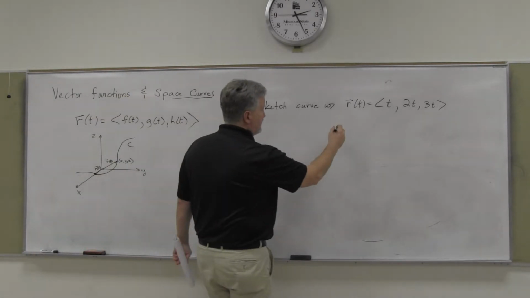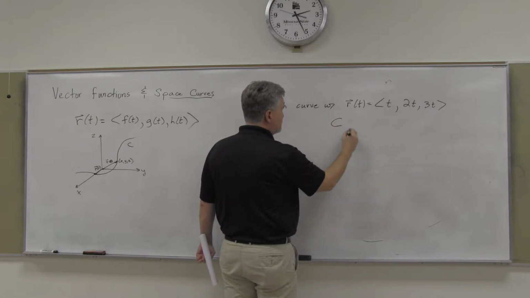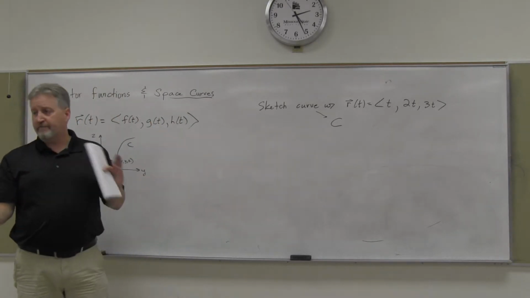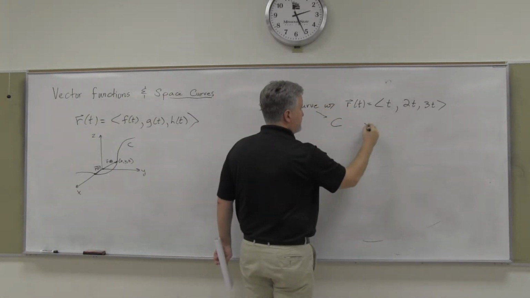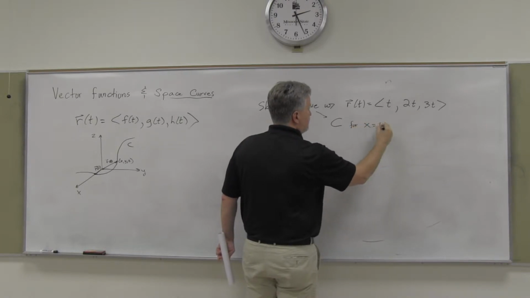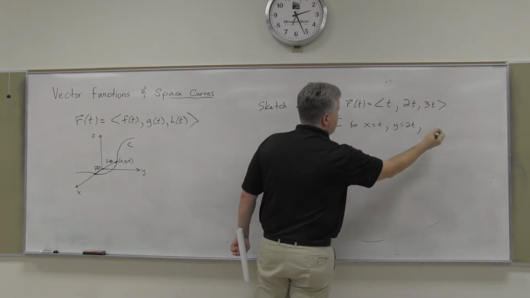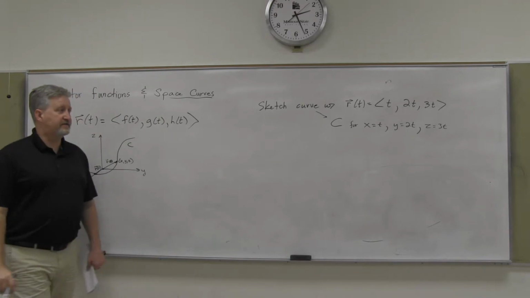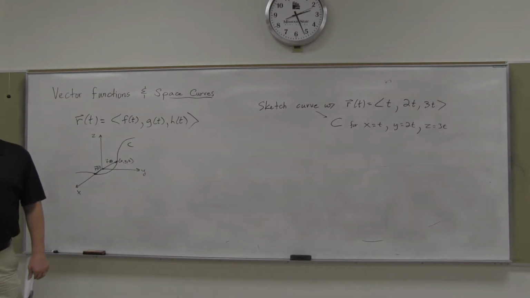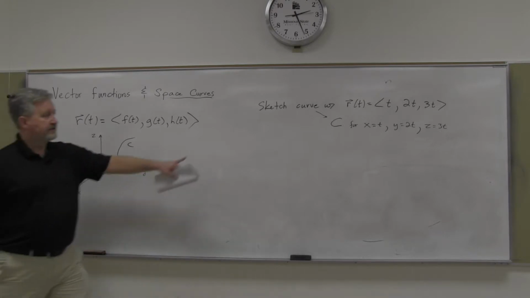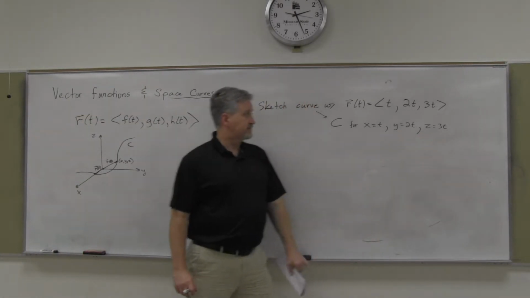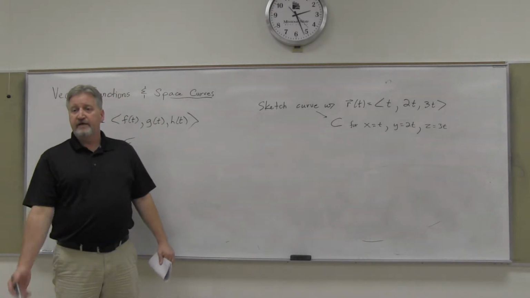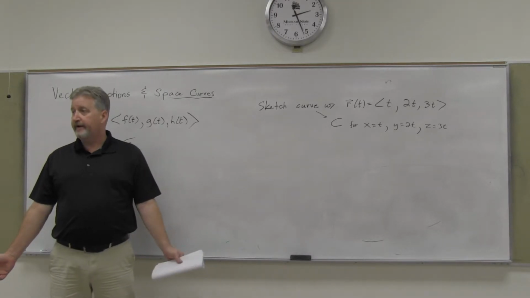Again, the curve C is just going to be the curve with the parametric equations x equals t, y equals 2t, and z equals 3t. What does that translate to in a three-dimensional system? Those parametric equations? It's just a line, isn't it? x equals t, y equals 2t. That's the parametric form of a three-dimensional line.